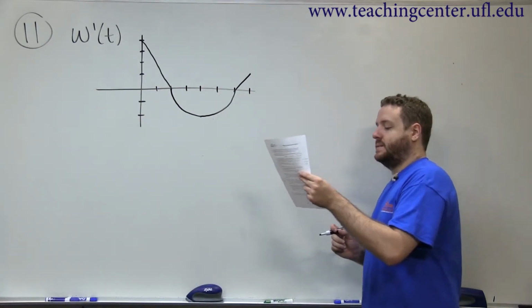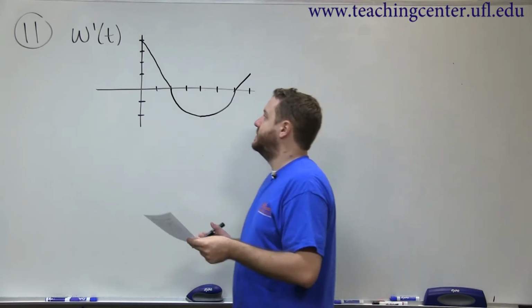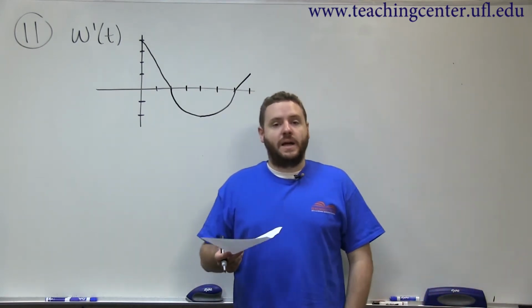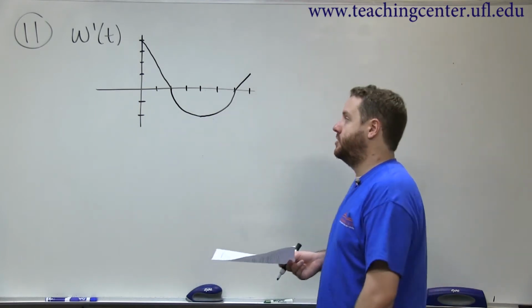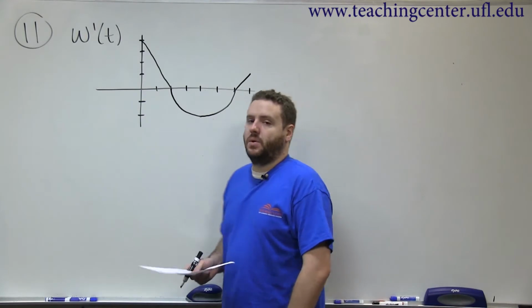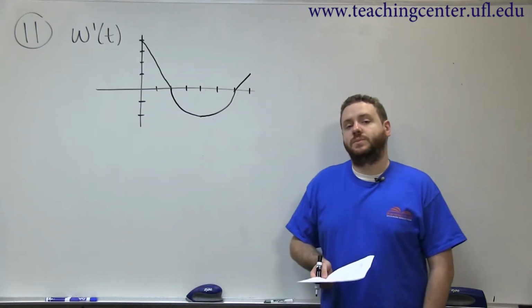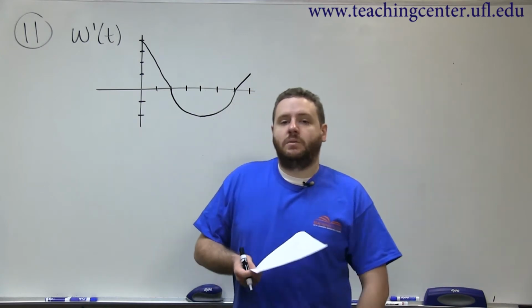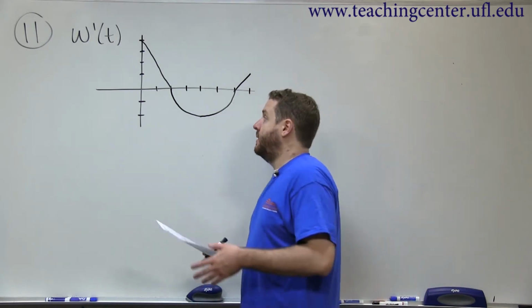So A says estimate the net change in population over the first 7 years. This is a question that's asking us about the actual amount. How much did the amount change? Well, if we have a derivative of something and we want to get the actual amount, that means we need to take the antiderivative. And if we're looking at the net change, that would just mean the area under the curve.